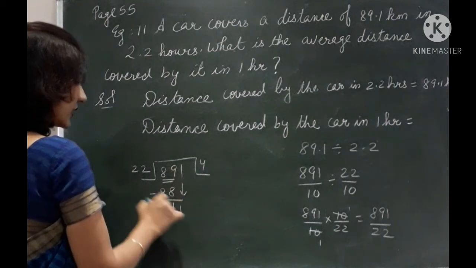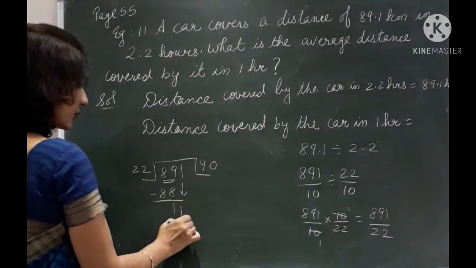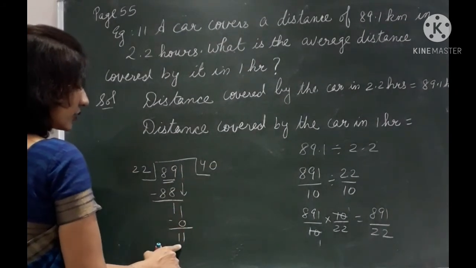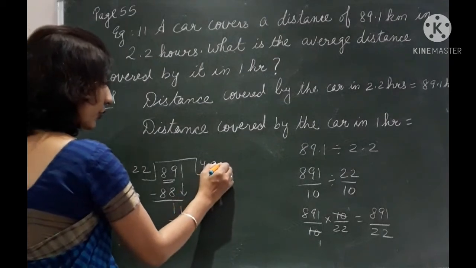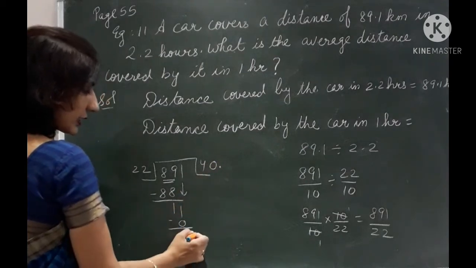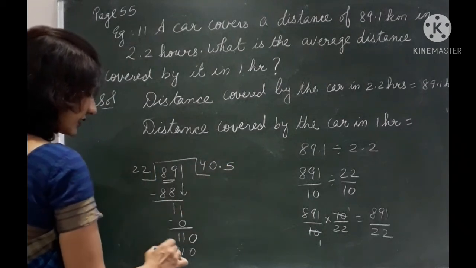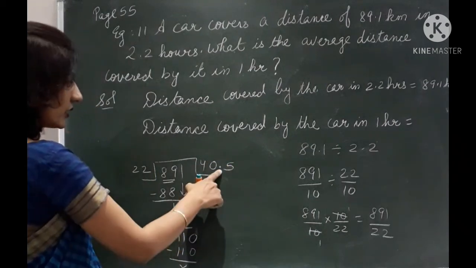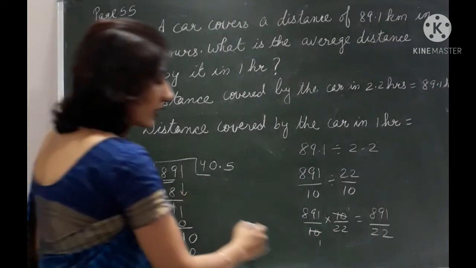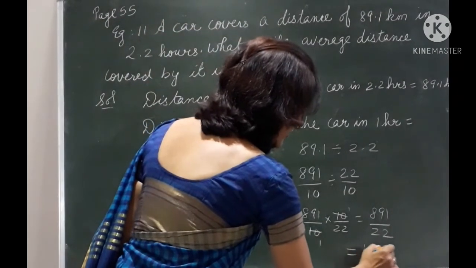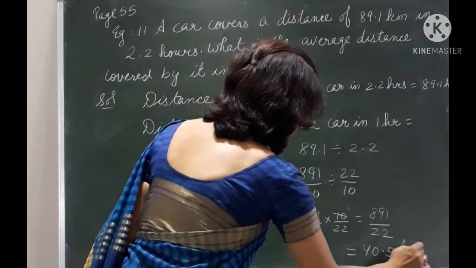Take this 1 down, 11. Here 0 will come. 22 zeros are 0. Now this 11 is smaller, so I will put a point here. If I put a point here, I can put a 0 here. So it will be 22 5s are 110. So here the division is over. So the distance covered by the car in 1 hour is equal to 40.5 kilometers.